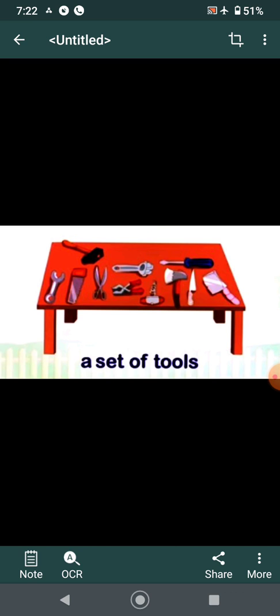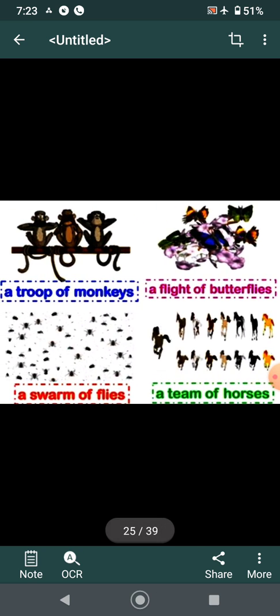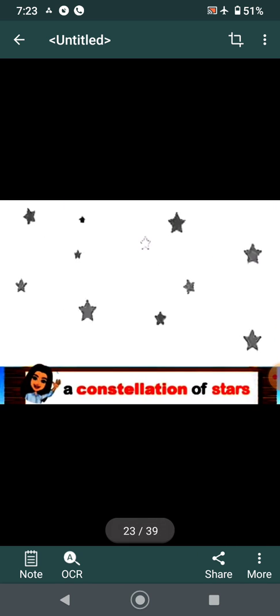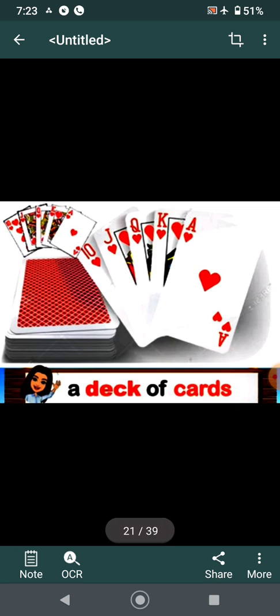So these are a few examples. All the words set, team, flight, troop, swarm, flock, constellation, pack, deck, loaf, all these words mean group. Basic meaning is group, but to differentiate it, they are given different names.